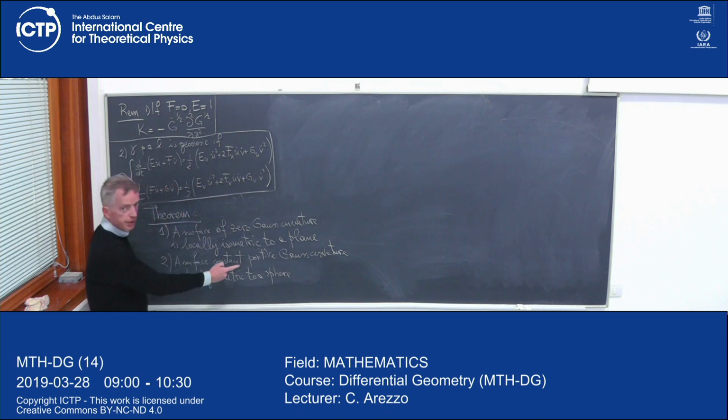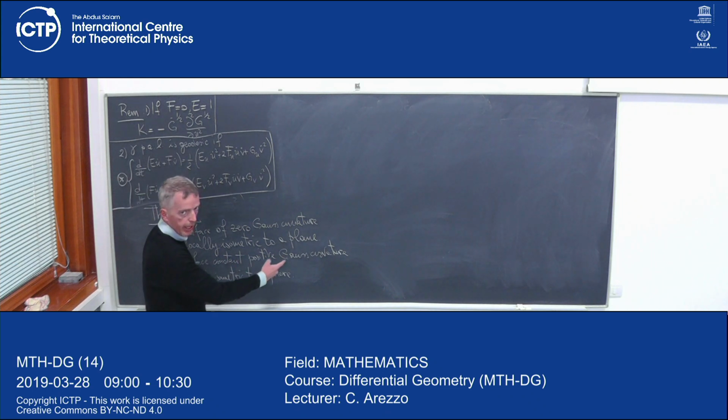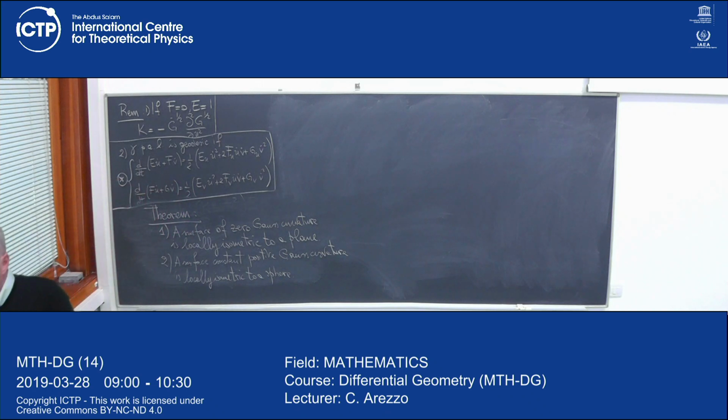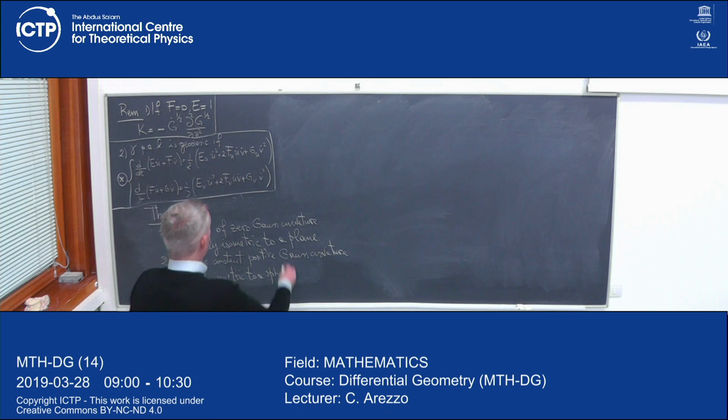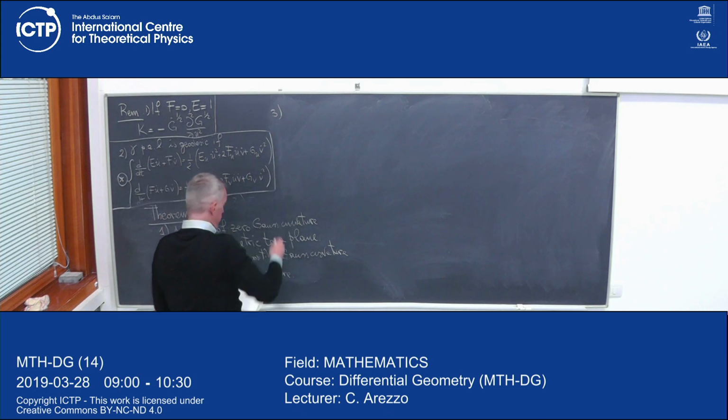But actually, of course, there is the obvious relationship between the Gauss curvature and the radius of the sphere. So if I say positive curvature A, that means it would be the sphere of radius 1 over square root of A. And then 3. Now we can state it.